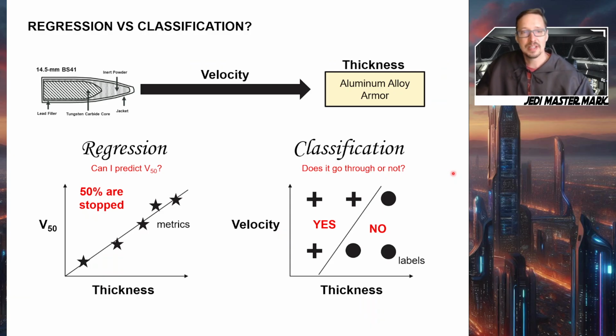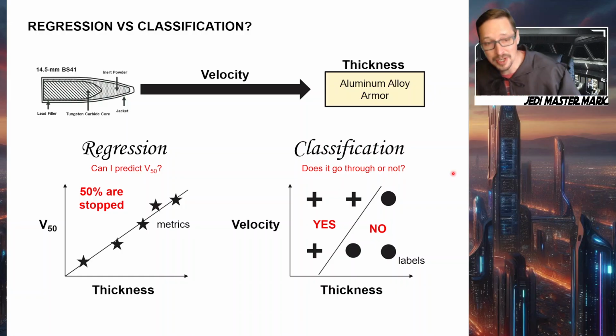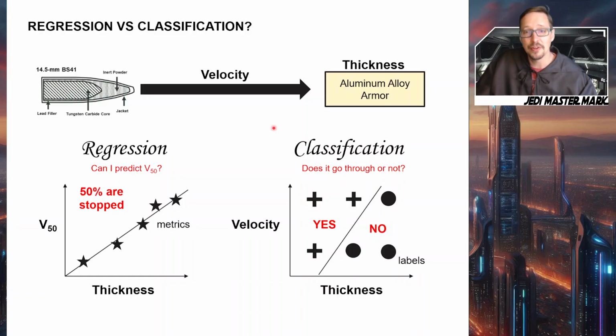And so I wanted to choose an example that hasn't been shown out in the community. So the example that I've been using is one where we have bullets and armor. So we'll have a bullet. There's going to be a lot of different characteristics to this. We're going to restrict the data sets to a few different factors or features.